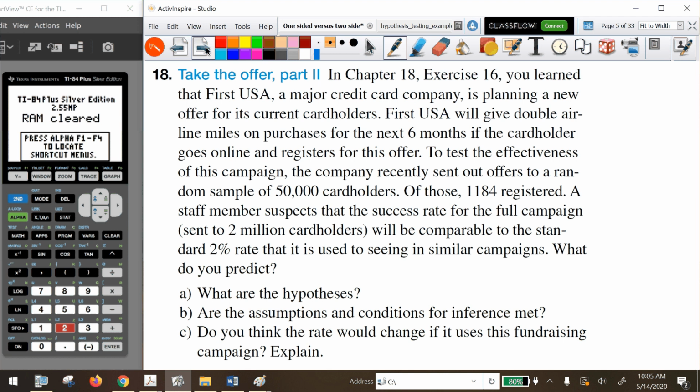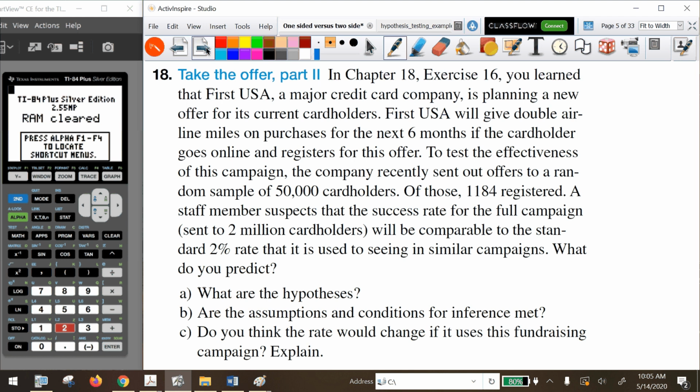Of those, 1,184 registered. A staff member suspects that the success rate for the full campaign sent to 2 million cardholders will be comparable to the standard 2% rate that it is used to seeing in similar campaigns. What do you predict?